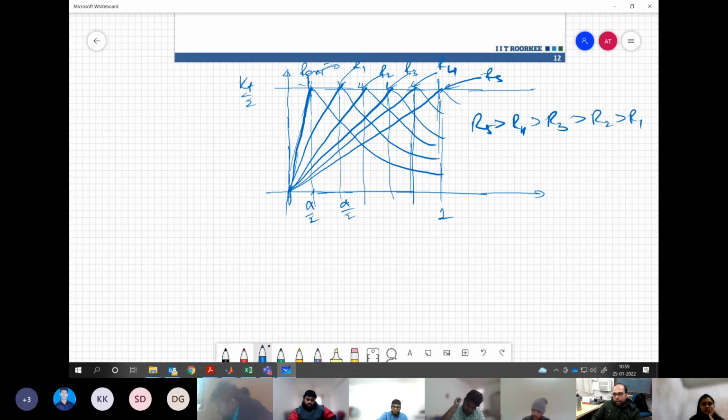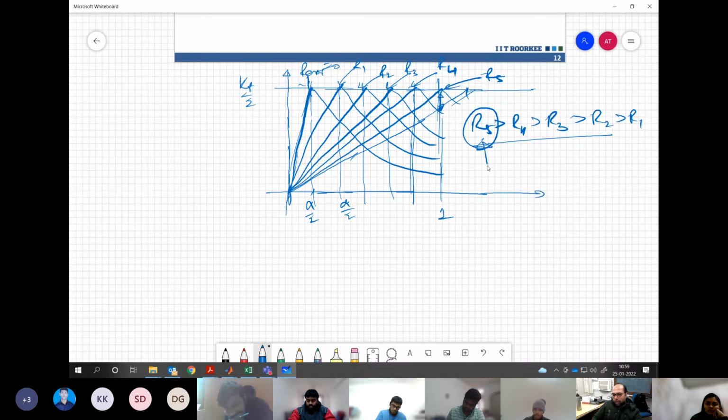Anything inserted beyond this point R5 will actually not give you good starting torque because it will match here. At starting you will basically lose some value. So there is a limit on how much resistance you can insert for practical reasons. It will be disadvantageous if you insert any resistance more than this R5 value.